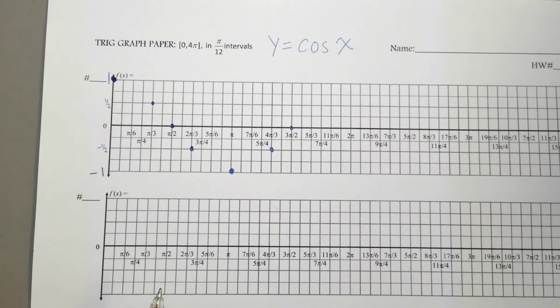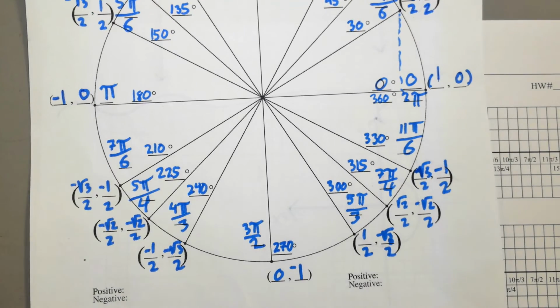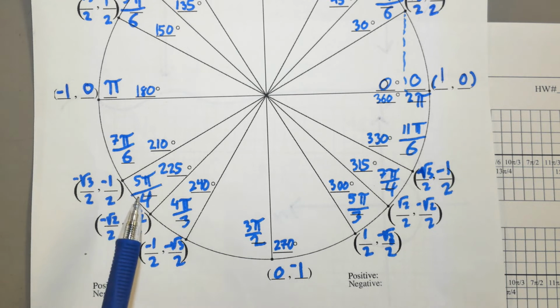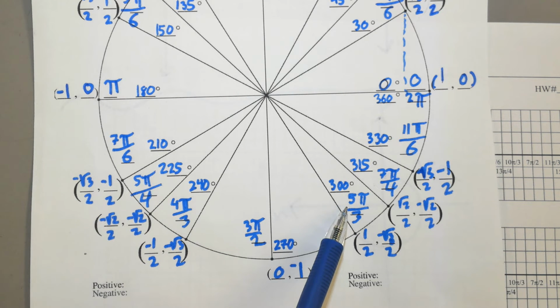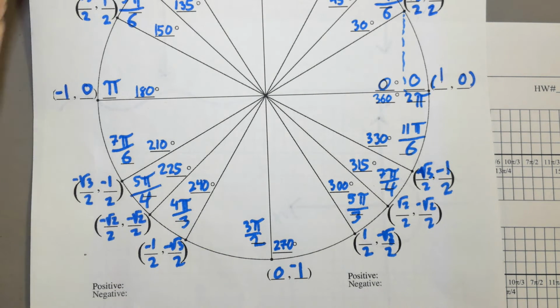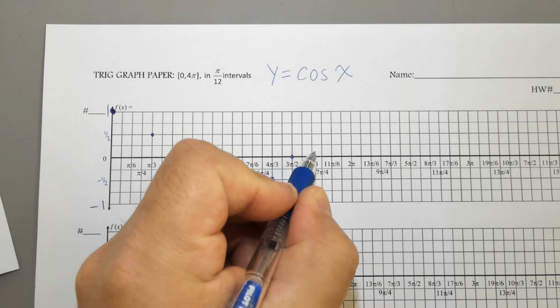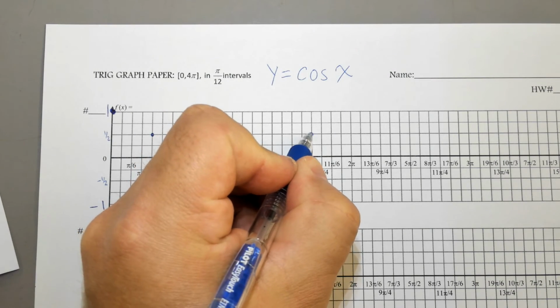Let me focus the camera. There we go. Okay, 5 pi over 3, 1/2. We could do that by hand. So let's do that. 5 pi over 3, 1/2. Boom, right there.